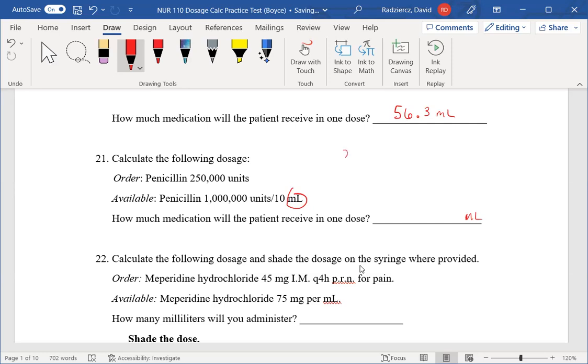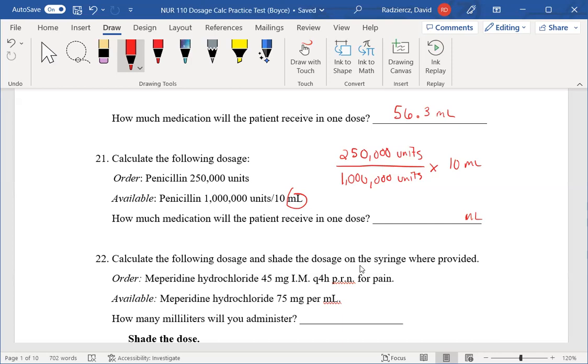So my order, 250,000 units. My available is 1 million units. And my quantity is the 10 ml. So I'm going to take 250,000 times 10 divided by 1 million.